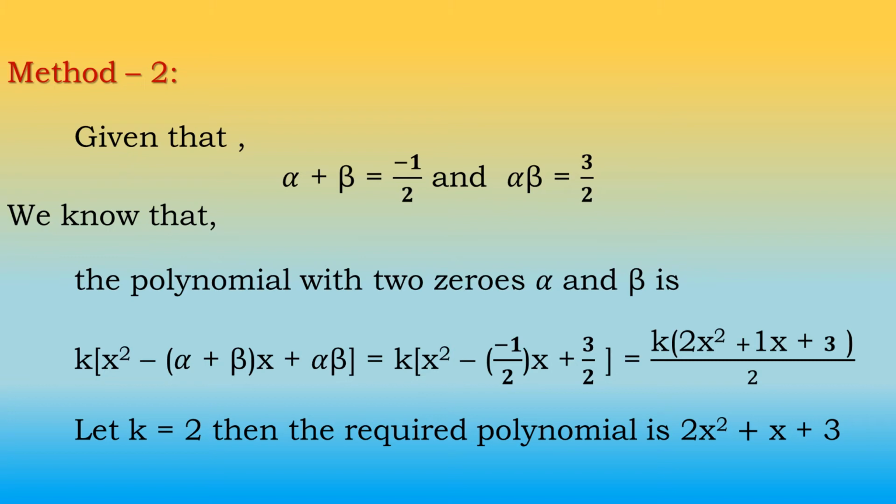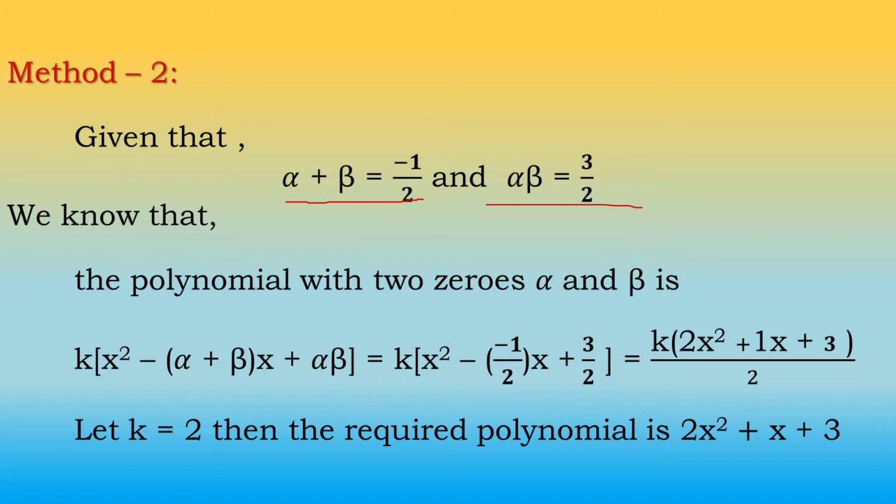We have method 2 for finding a quadratic polynomial. What is given in the question? In the question they have given the sum of the zeros. So alpha plus beta is given as minus 1 by 2. Product of zeros is given as 3 by 2. So once we know this information, how to find the quadratic polynomial?